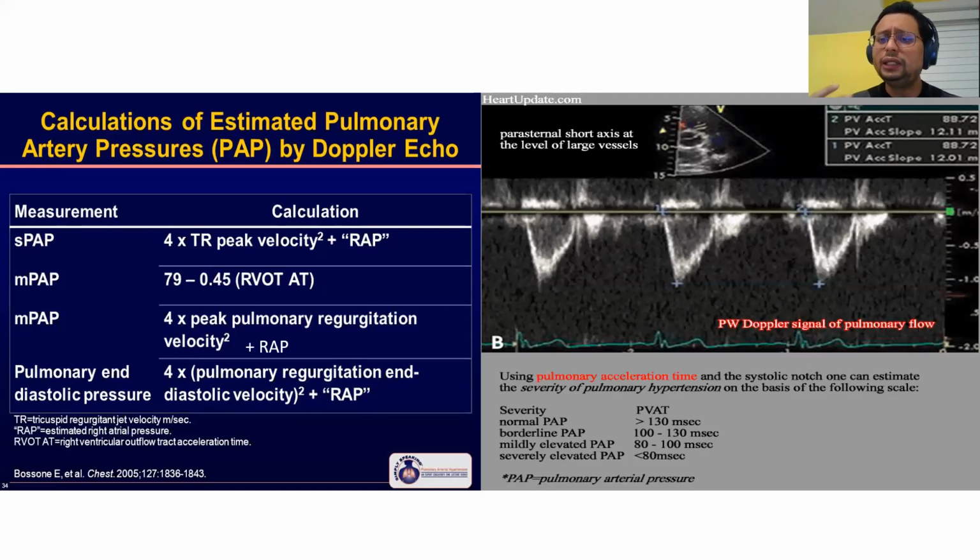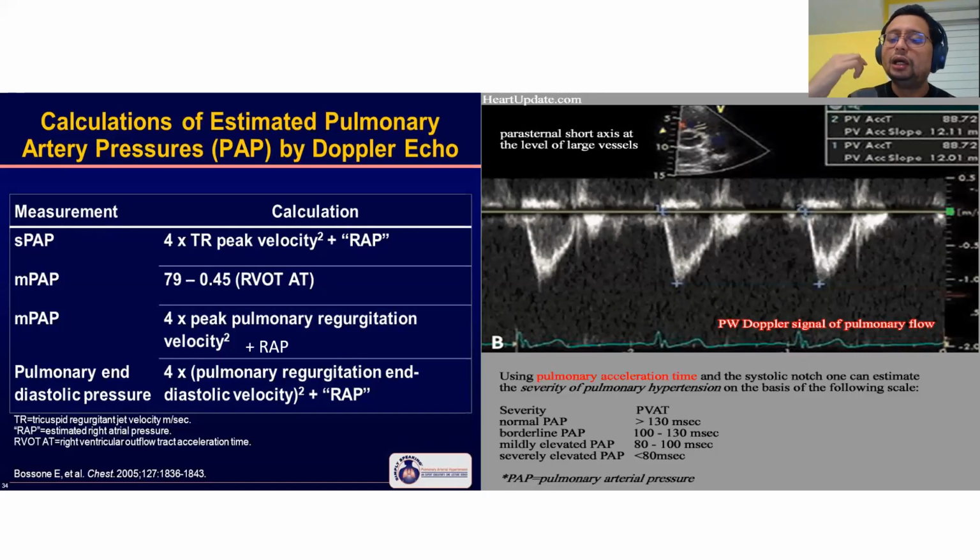So what else can you look for in someone with pulmonary hypertension? Let's say you don't have tricuspid regurgitation. What you can do is look at the pulse wave Doppler of the pulmonary valve, and look at how fast it goes from the opening click of the pulmonary valve to its maximum flow, the acceleration time. The shorter the acceleration time, the more likely you have pulmonary hypertension.